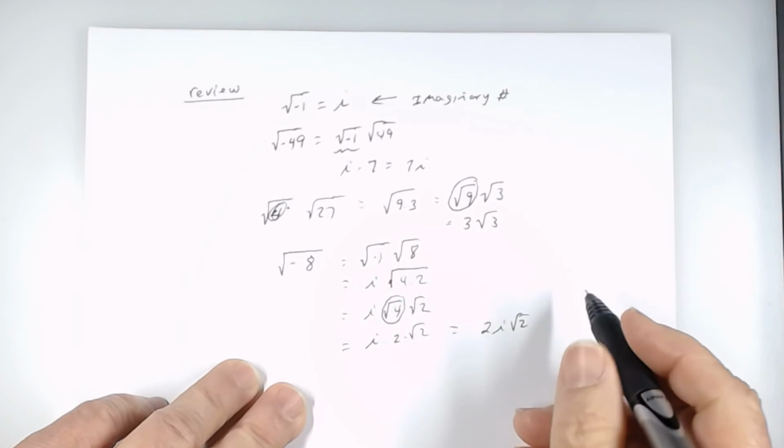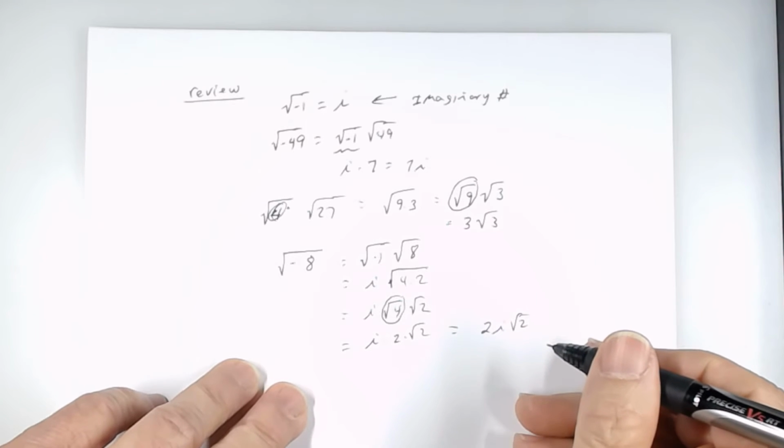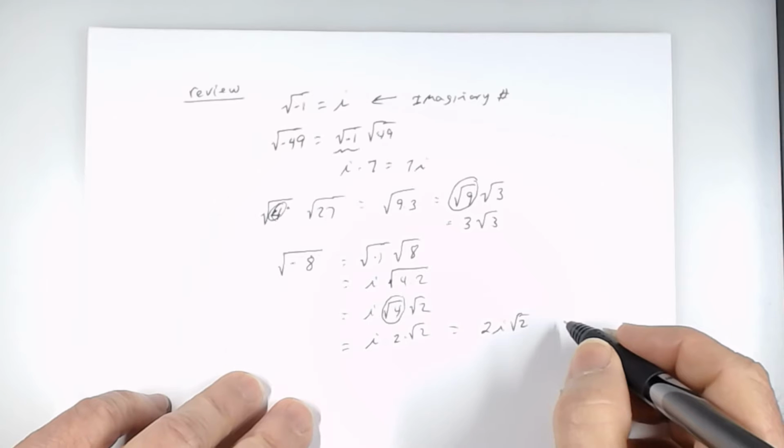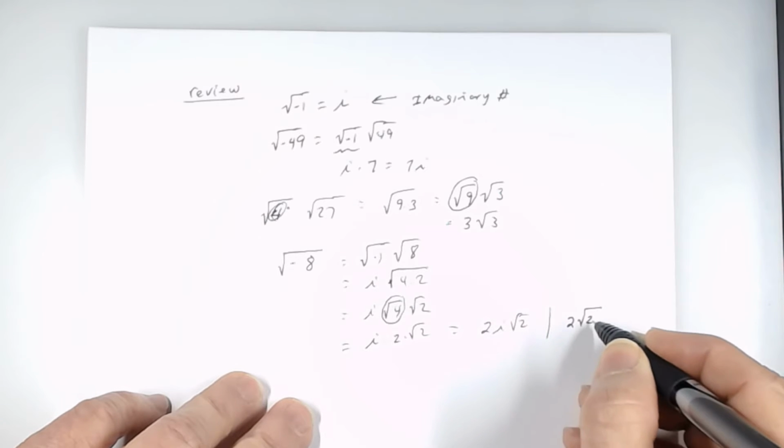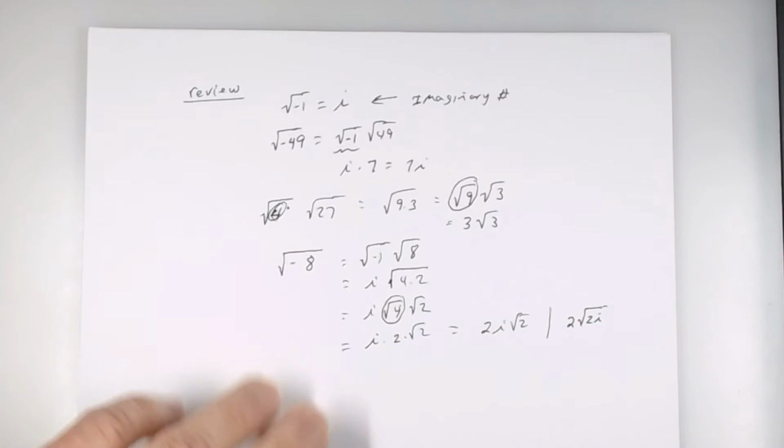Now, if you recall, you may or may not have been one of these individuals, but for some reason, there are some of you that want to do this. Well, that's incorrect. What's wrong about writing it like that? The i's under the square root. You can't have the i under the square root. We already took care of that. When I wrote this, is that i under the square root?